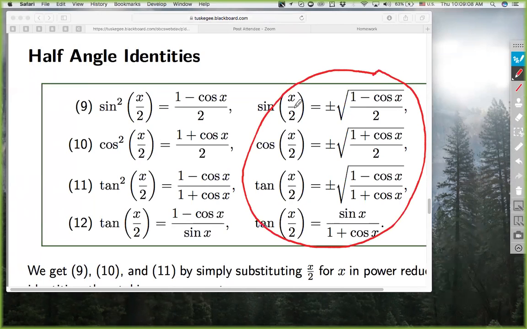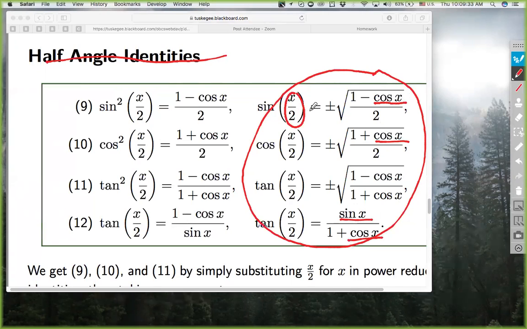Okay. So these are used to find the sine, cosine, tangent values of half of an angle, say x. So the name half angle identities. On the right side of the formula, you will see the regular cosine x or sine x and so on.